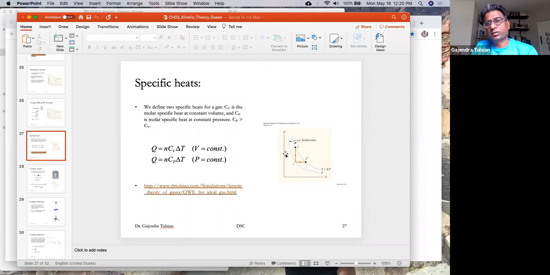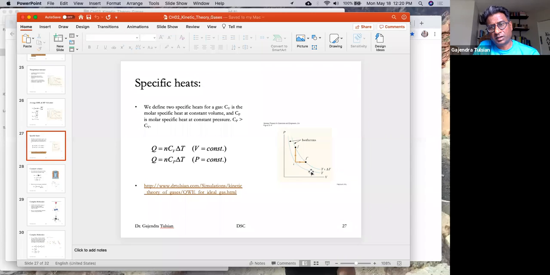Here's an ideal gas. These are the isotherms, which are constant temperature curves, and this is pressure versus volume. If you were adding heat at constant volume, this is the path you would take. If you were adding heat at constant pressure, this is the path you would take.